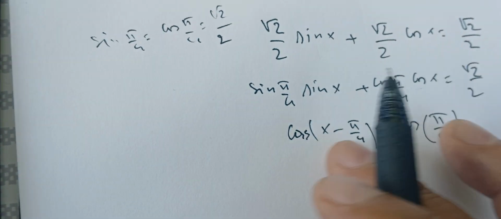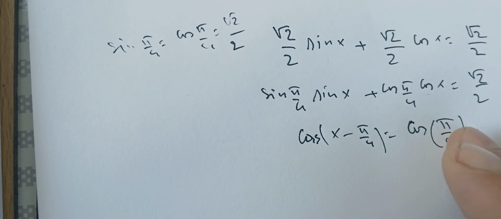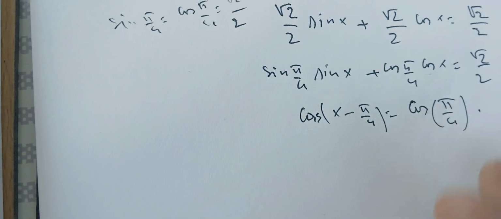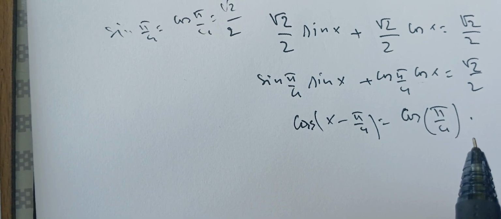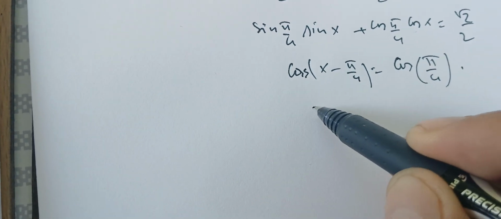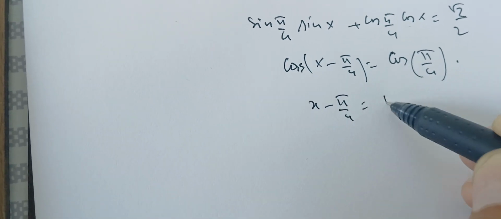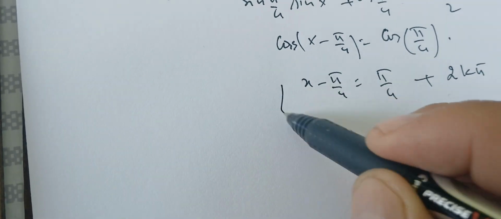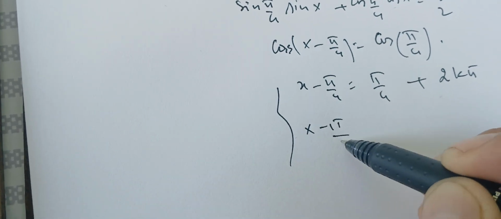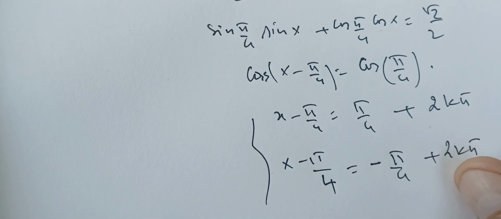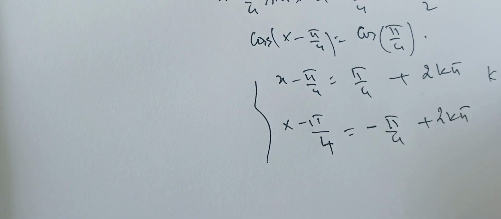To solve this equation, we know that two angles have the same cosine if x minus pi over 4 is equal to pi over 4 plus 2k pi, or x minus pi over 4 is equal to minus pi over 4 plus 2k pi, with k in Z.